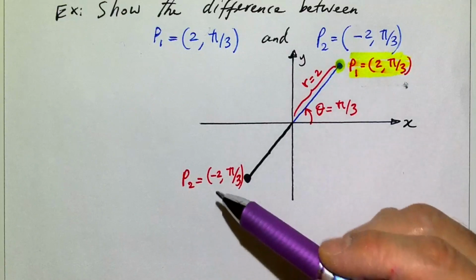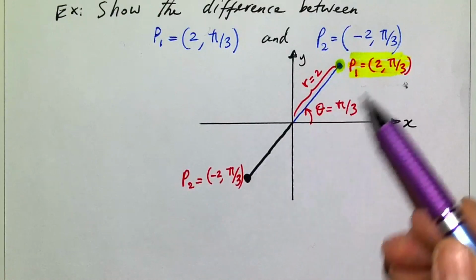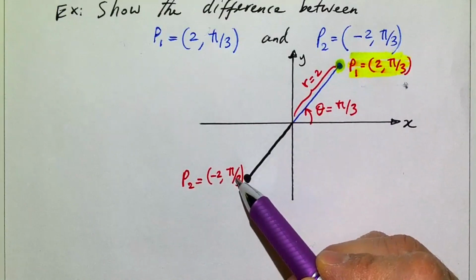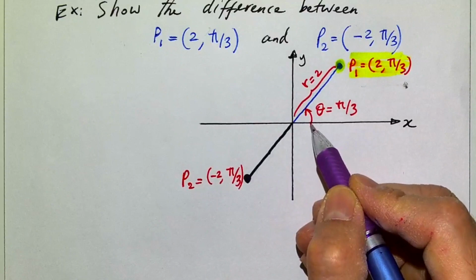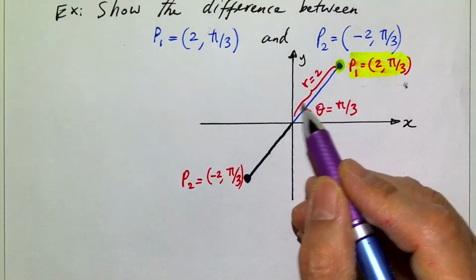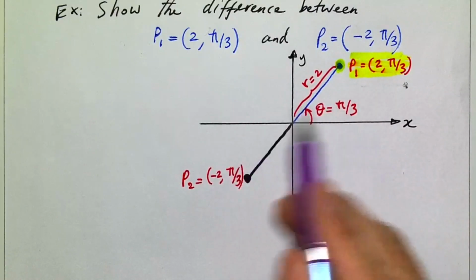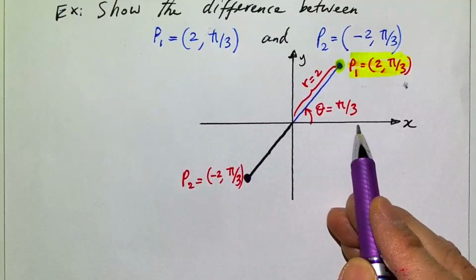So you should be able to distinguish between this point and that point, because this angle, even though it says pi over 3, it's theta pi over 3 plus pi away from the positive side of the x-axis.